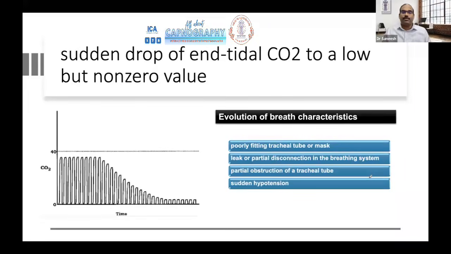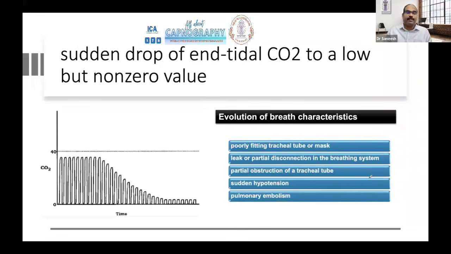Unless the cardiac output takes the carbon dioxide to the lungs, it won't be exhaled, right? So sudden hypotension or cardiogenic shock scenarios, or definitely pulmonary embolism, can also cause this scenario. When the ETCO2 value comes below 10, 15 or less than 20, you need to take immediate steps. So immediate attention is needed. So this trend tracing is very important.